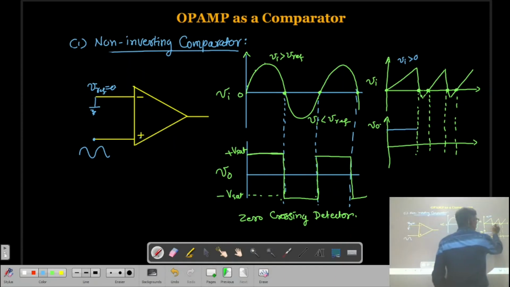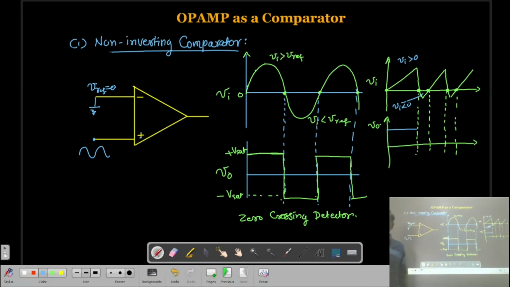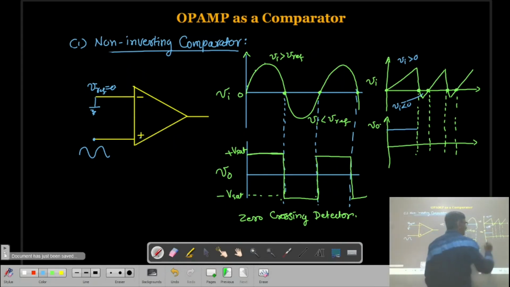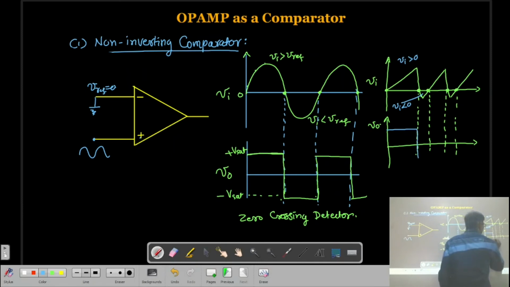And here, where my input voltage is less than 0 and the zero crossing is there, the op-amp will change the state from plus V saturation to minus V saturation.